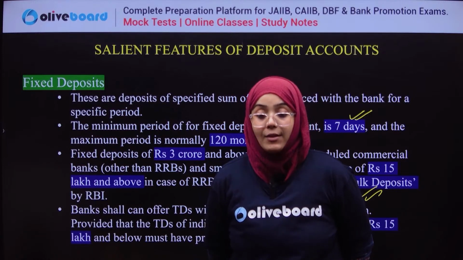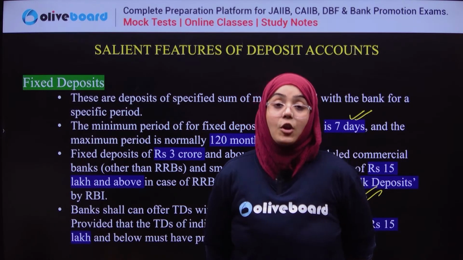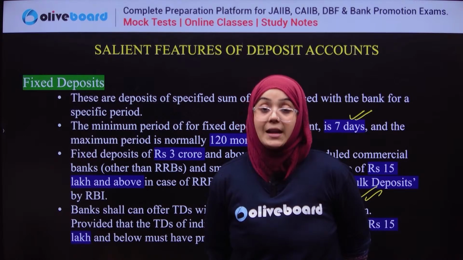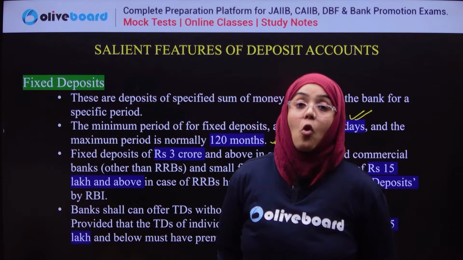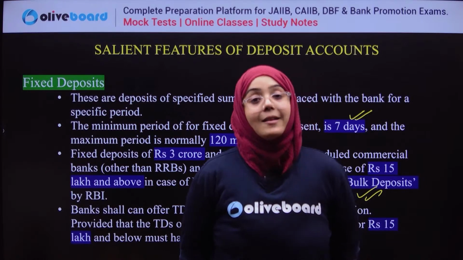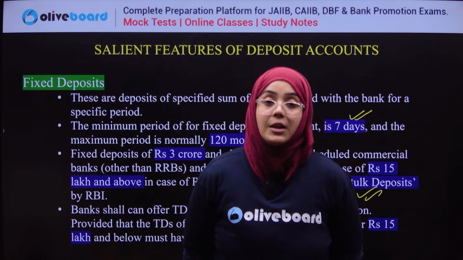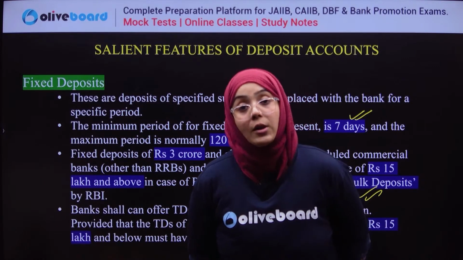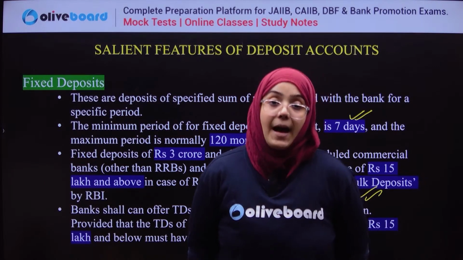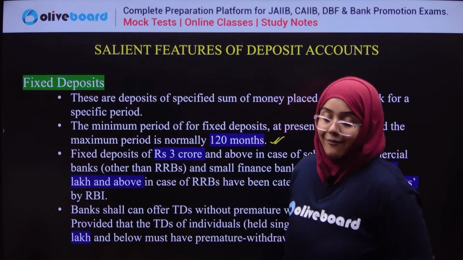If you are depositing an FD of rupees 15 lakh and above, then every bank has to offer the premature withdrawal facility. Below that, it is up to the bank whether they want to offer the premature withdrawal facility in this FD or not. But for 15 lakh and above, the bank has to provide the customer with a premature withdrawal facility.